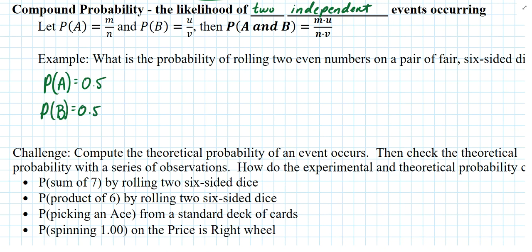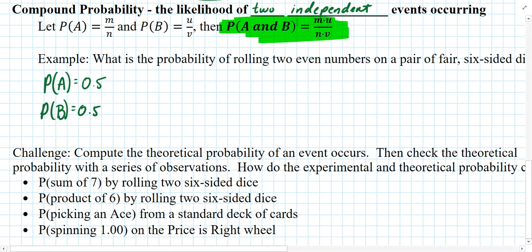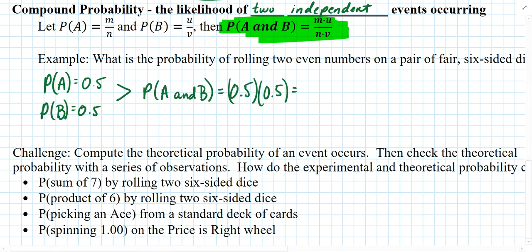The product of two independent events gives you the compound probability. In this case, the product of 0.5 and 0.5 is 0.25, or 25%.